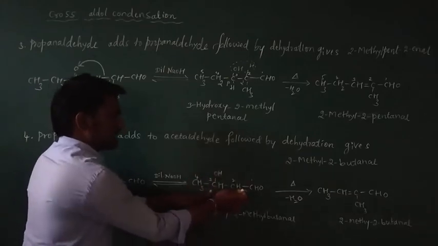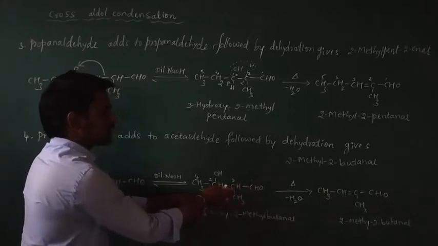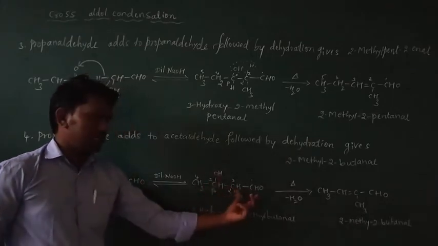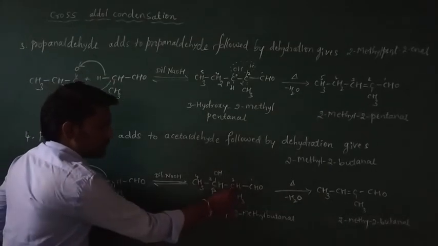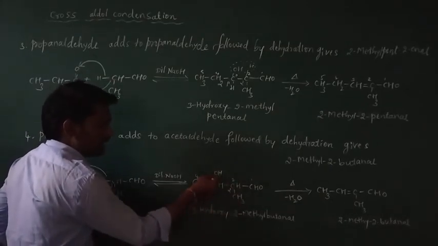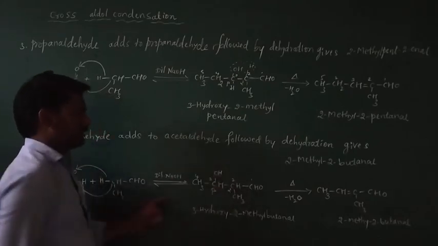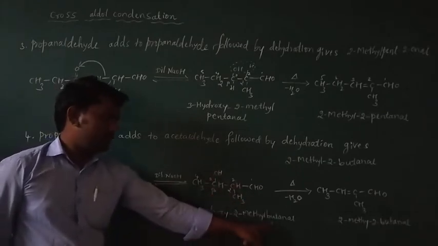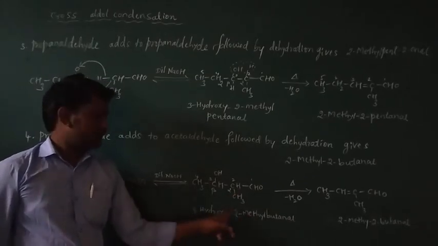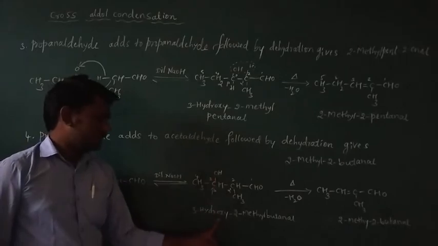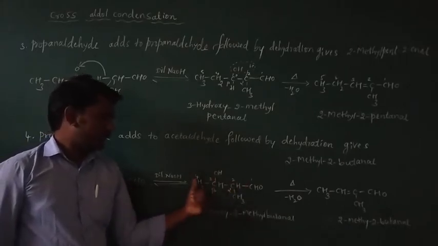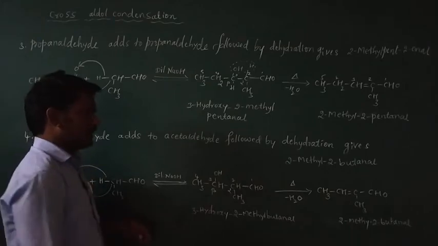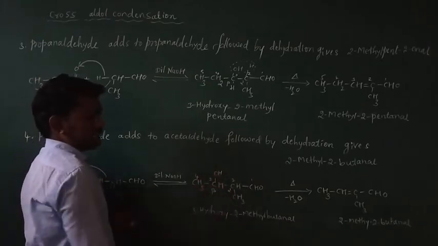The name is 3-hydroxy-2-methylbutanal, following alphabetical order, hydroxy before methyl, with 4 carbons, butanal, and the methyl on the second carbon. This is the basic name; the common name is beta hydroxy aldehyde, an aldol.